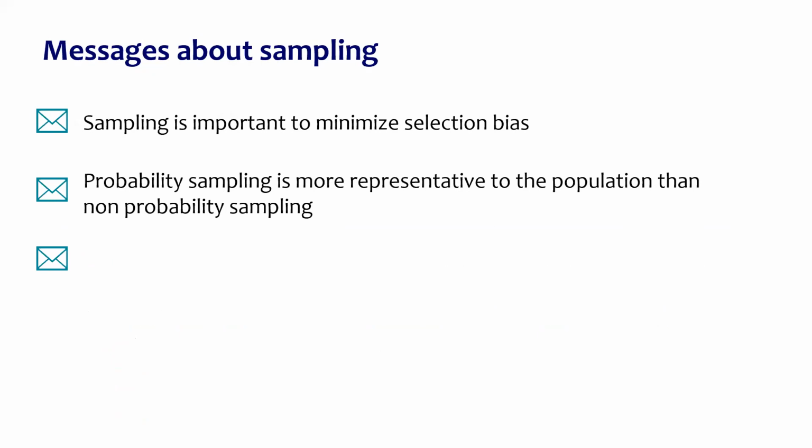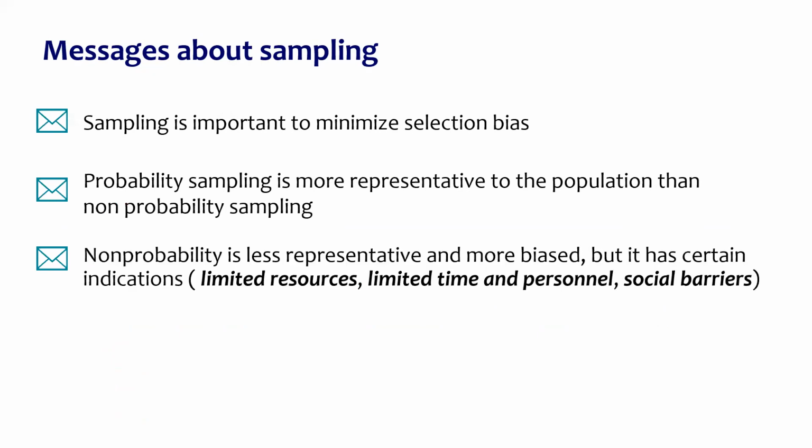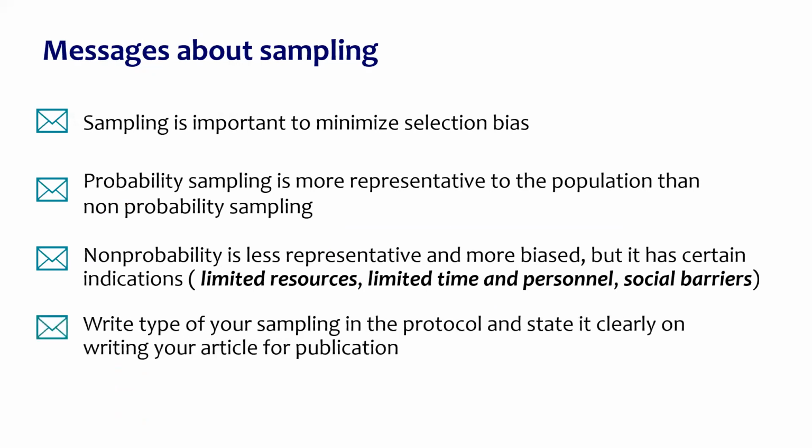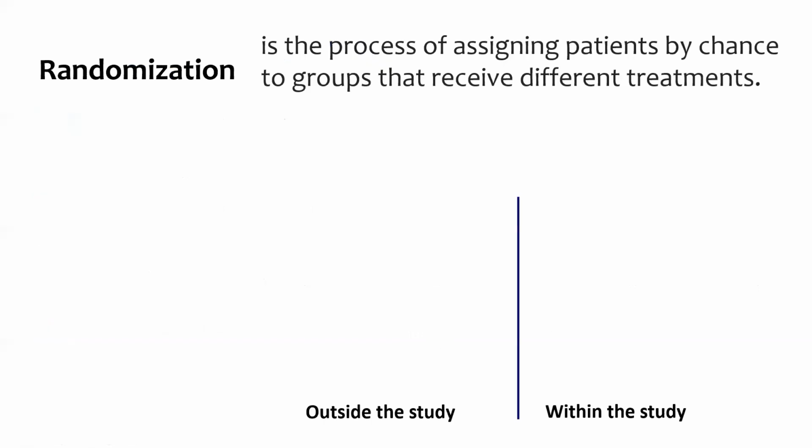Probability sampling is more representative of the population than non-probability sampling, but I cannot always do it because of limited resources, limited time, and limited personnel. So if I take any other method, I should write the way I am sampling for my study in the research protocol when I write it, or later on when I write the article to be published in a medical journal.